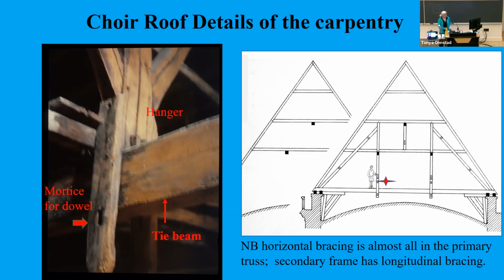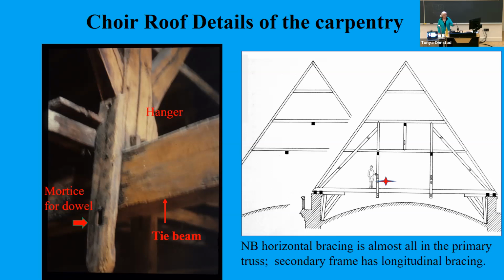So what we have here is a hanger, a spawn. What this does, as you can see, I've marked it in red, is hold up the tie beam. It keeps it from sagging. These were not always used after reconstruction, but you've got a work crew, platforms, a treadmill up there, so there's lots of load on that beam.